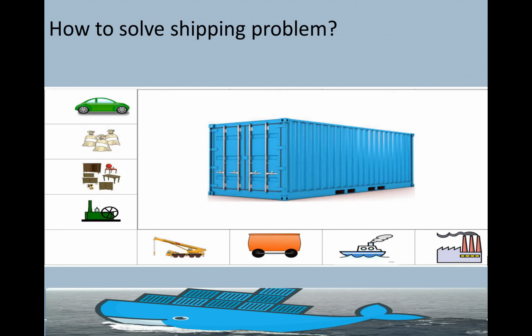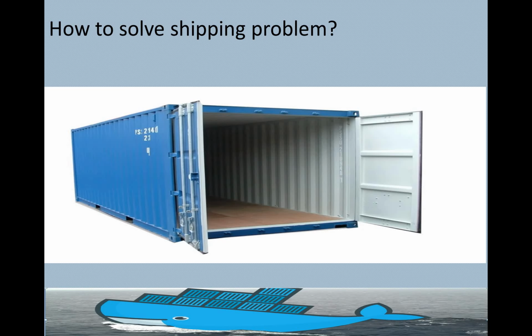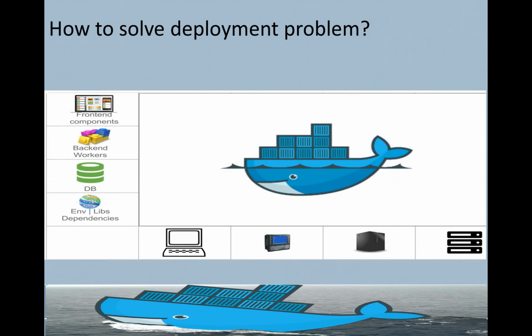And we would ensure that the containers take care of everything. So the shipping industry is solving its problem with the help of containerization, by using containers. They put all their material into the containers.